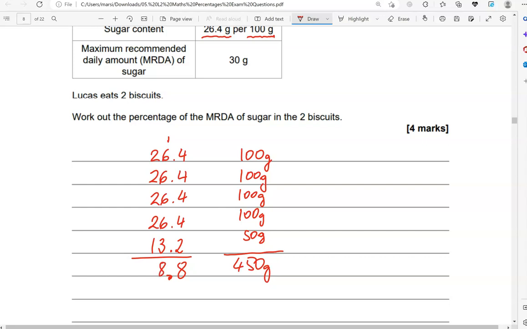So 8 down, 2 carried over. 2 and 2 and 2 and 2 and 2, that is 5 lots of 2, which is 10, and the 1, that is 11. So there are 118.8 grams of sugar in 450 grams of biscuits.